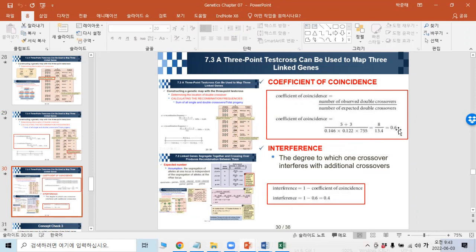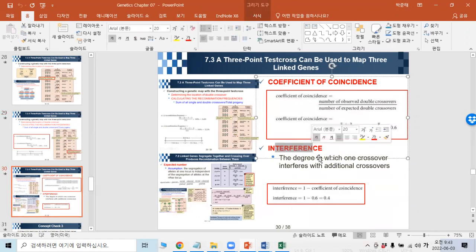Based on this number, we can calculate the interference, the degree to which one crossover interferes with an additional crossover. We call it the interference. It is 1 minus the coefficient of coincidence, which is 0.4.